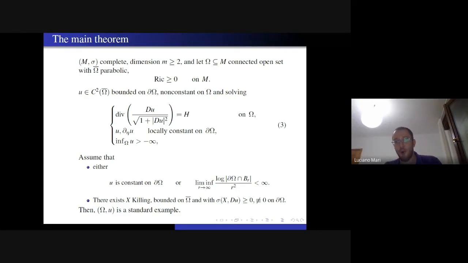That means u is monotone in the direction of a Killing field. This is usually a hard task to prove, and it's known only in few special cases in overdetermined problems, like in work of Berestycki, Caffarelli, and Nirenberg. In our case, we prove monotonicity via the parabolicity method. Once we have monotonicity, to get the splitting, we resort to an integral formula.